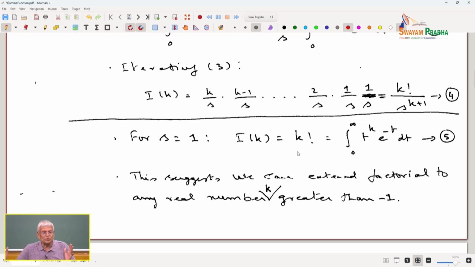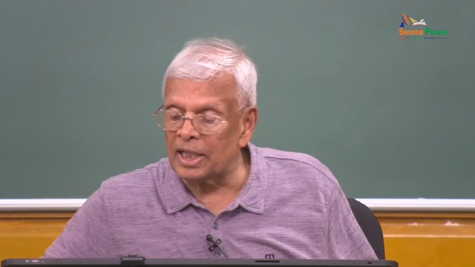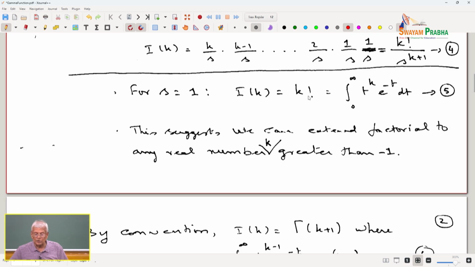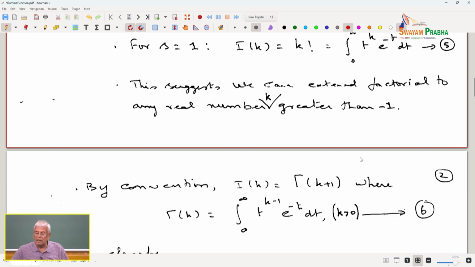Look at that, that is a beautiful result. I k is factorial k, an integer. This integral, from 0 to plus infinity, of t to the power of k e to the power of minus t dt is equal to factorial k. So this suggests I can extend the notion of factorial from integers k to any real number greater than minus 1.